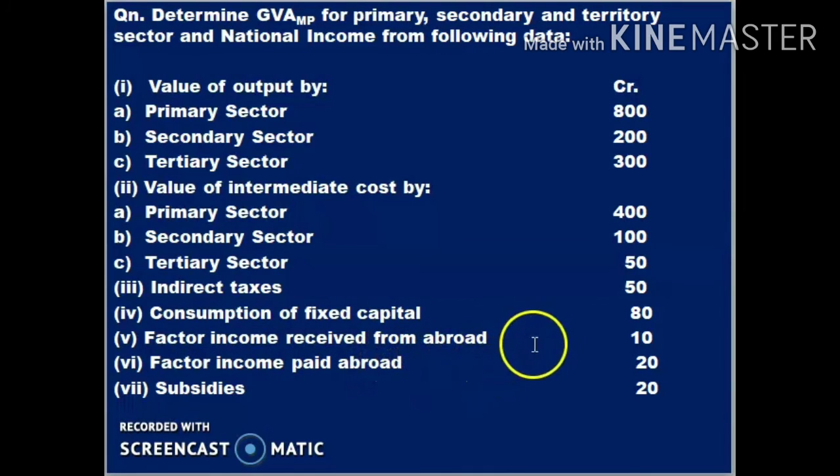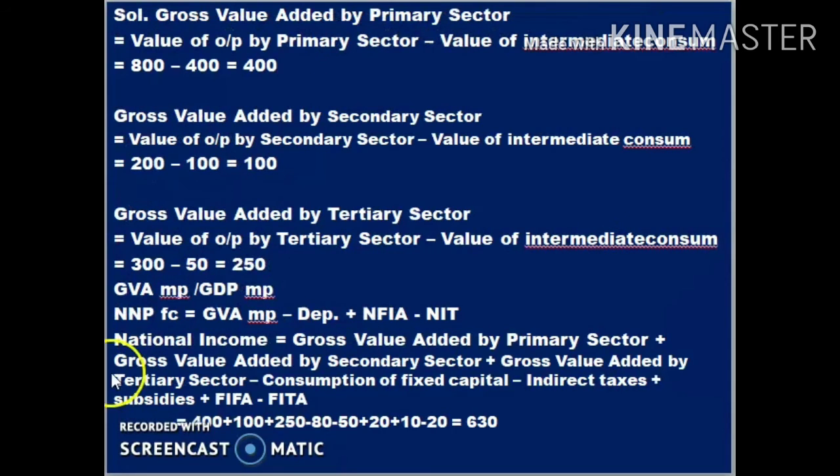So FIFA minus theta is the answer. So here 10 minus 20 is written.